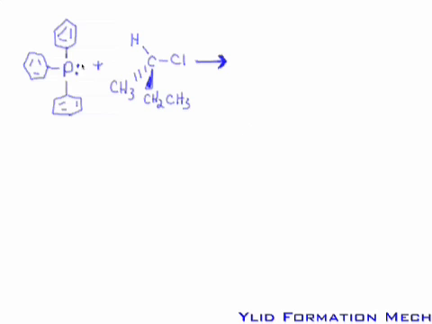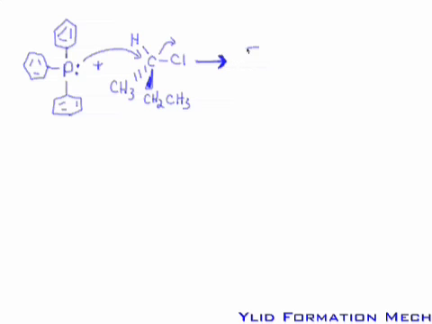And the phosphine is a powerful nucleophile. Remember, as you go down in a group, nucleophilicity increases, and phosphorus is right below nitrogen, so it's a more powerful nucleophile than nitrogen. It does backside attack, you kick out chloride, and you get inversion.